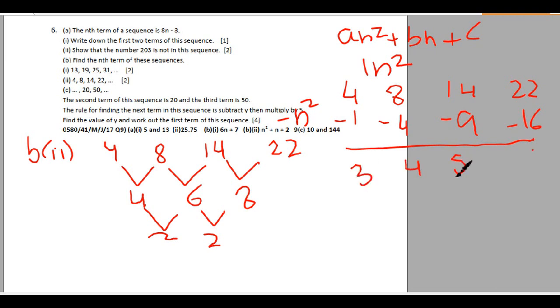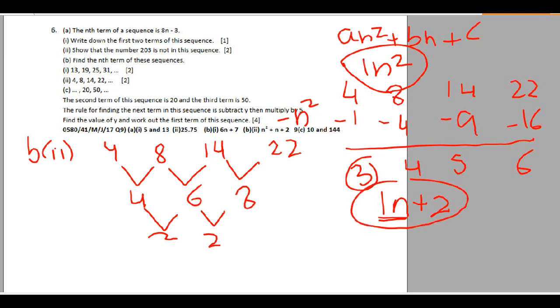And the nth term for this is a first level common difference, so the nth term is 1n, and right now my first term is 1, but the first term needs to be 3, so I add 2 to it. So the nth term for part B2 is 1n squared plus n plus 2.